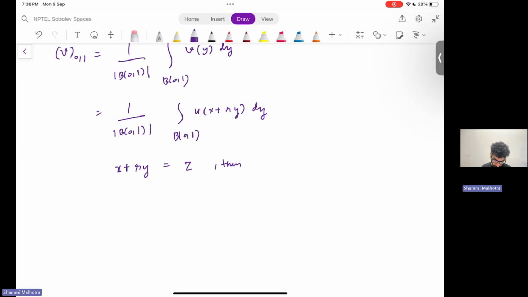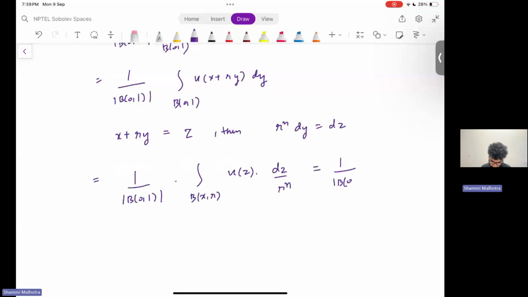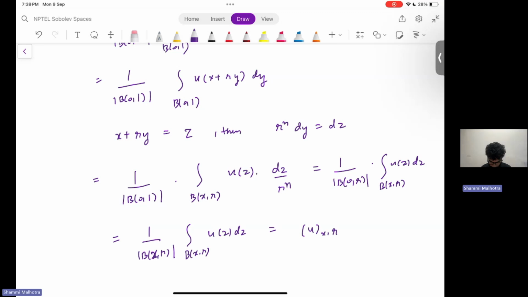The measure of B(x,r) is r^n times the measure of the unit ball, and the measure is translation invariant. So this is nothing but u_{x,r} only.